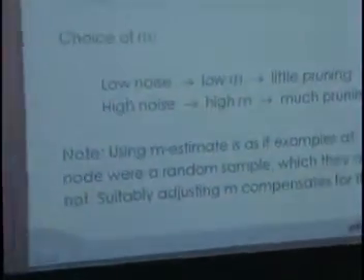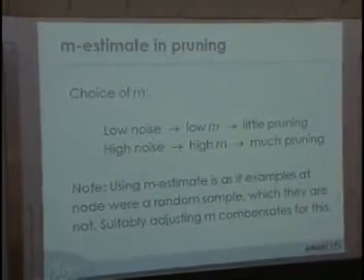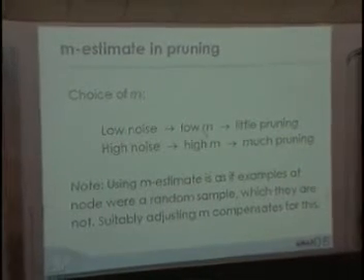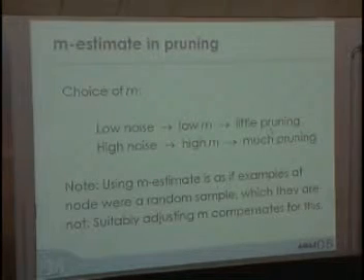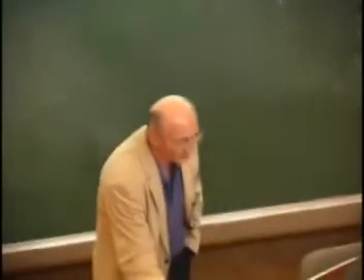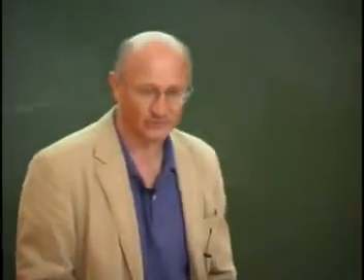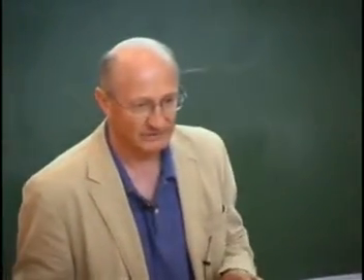If we have low noise in the data, the expert will say, I trust the data a lot, therefore my estimate of the noise is low, then I will set m low, and the result will be little pruning, which somehow is appropriate. If you trust your data, you don't want to prune a lot. If there's high noise in the data, the appropriate value for m is high, and that will cause much pruning, which again is appropriate, because with pruning we get rid of noise as well.